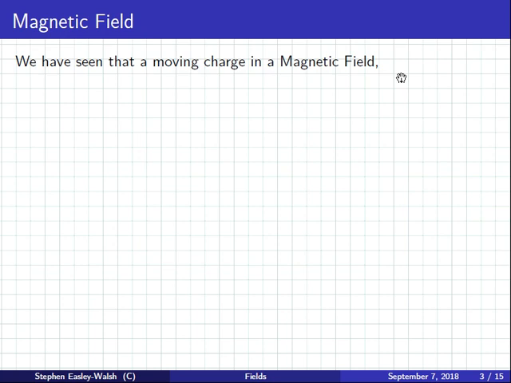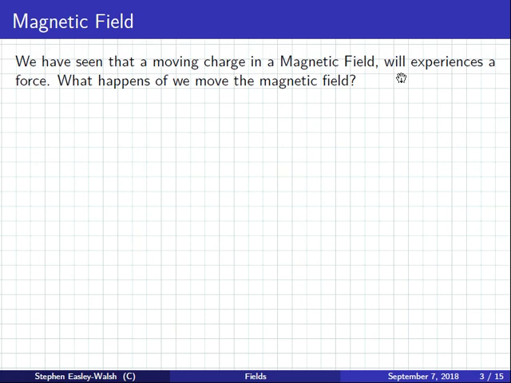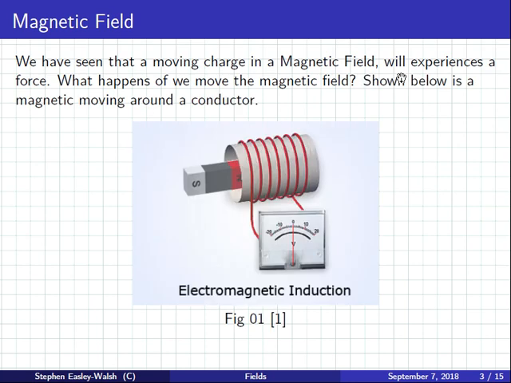We've seen that moving a charge in a magnetic field will experience a force. What happens if we move the magnetic field? Look at this little picture here. Simple picture. You've got a voltmeter, and a wire going around into the voltmeter, and you have a magnet.